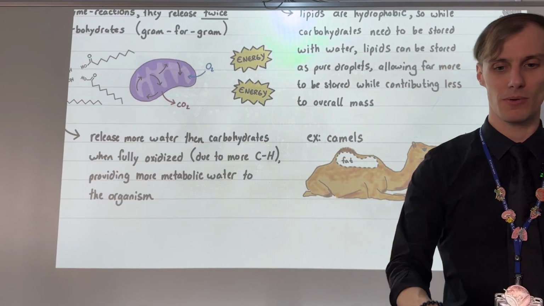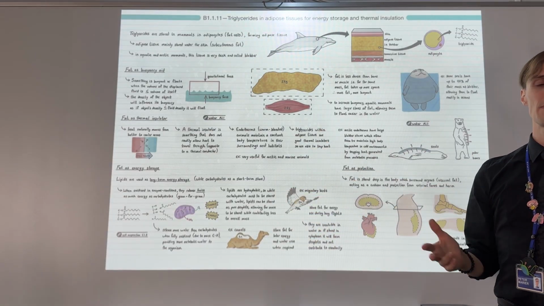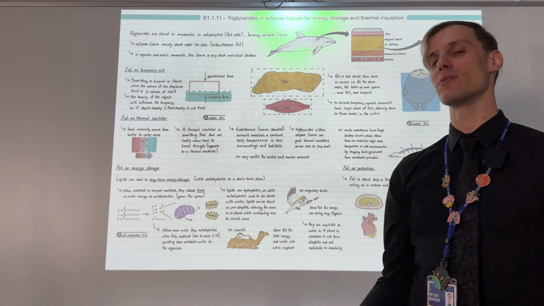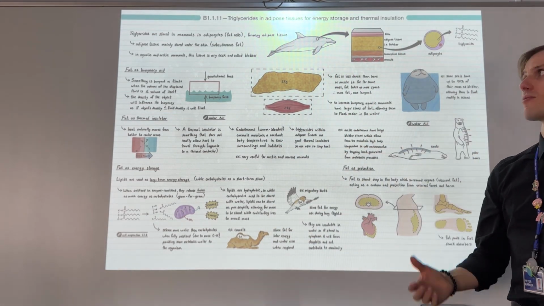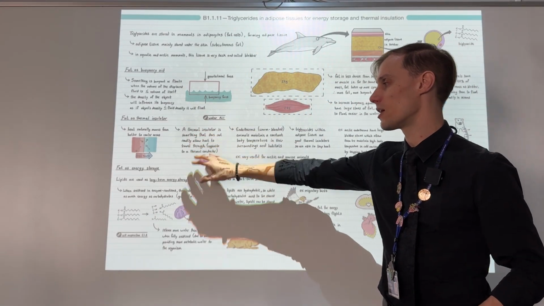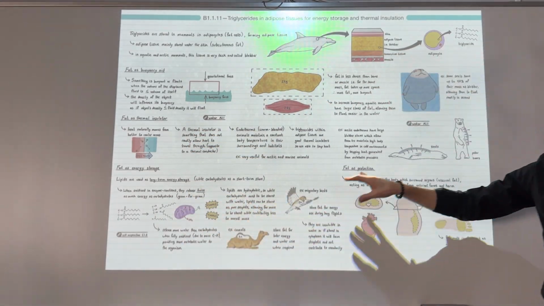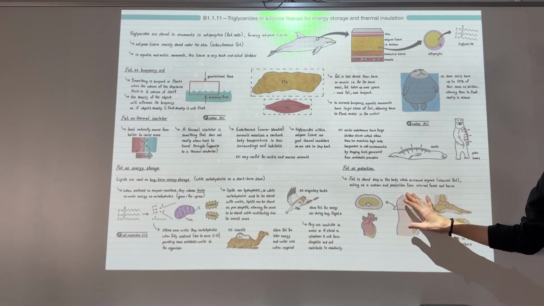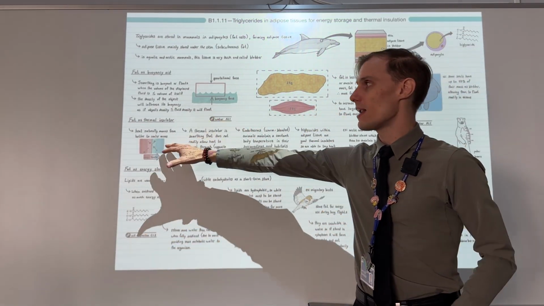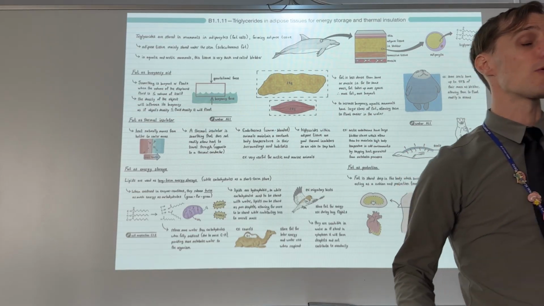It's kind of remarkable. So overall, lipids are amazing because they have huge amounts of functions inside of the body. They can be used as a buoyancy aid, as a thermal insulator, as an energy storage molecule, and even as a means of protection. Something that's not here, but I'm going to allude to, is that fat isn't only a good thermal insulator.